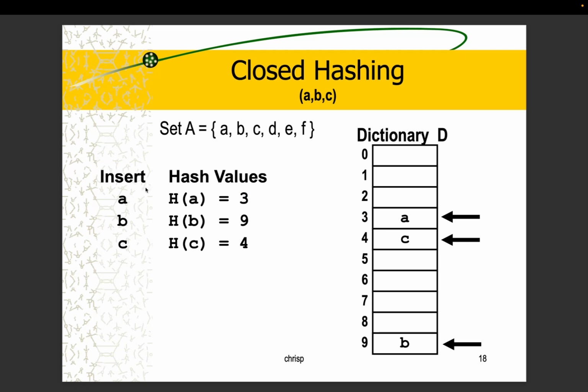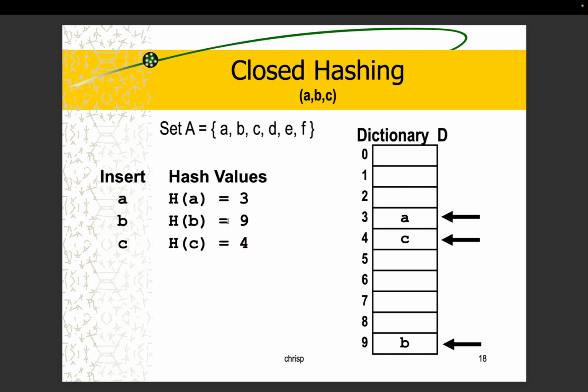We'll do that for the next few elements. I'm going to insert B. I hash the value of B and it returns index 9. Therefore, B is stored in 9. Similarly, insert character C. Hash of C is 4. So I inserted C at index 4.